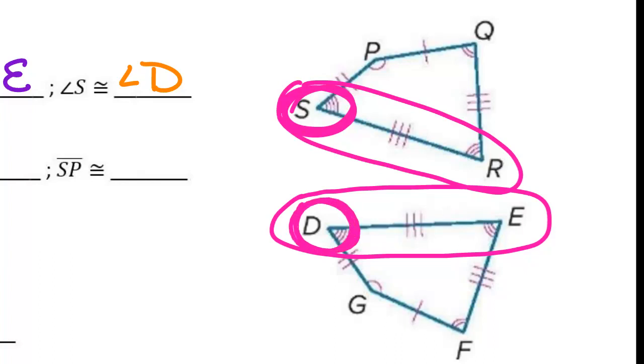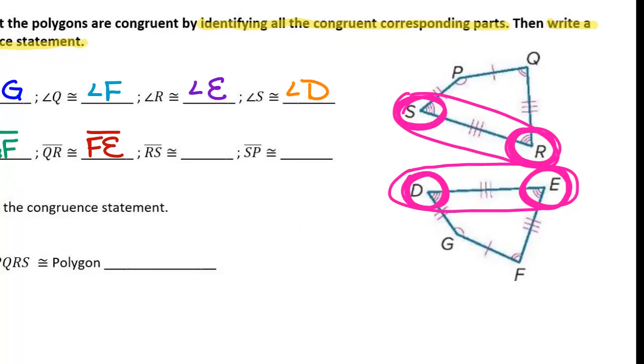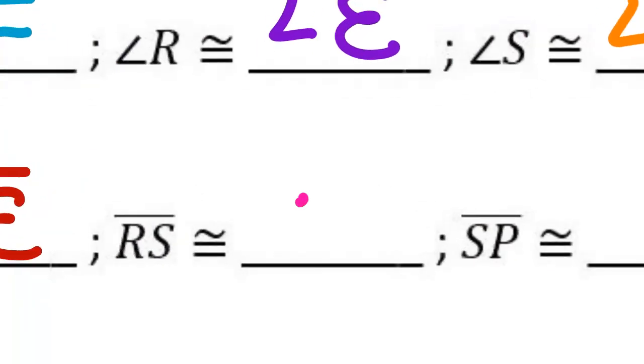D. Four arc marks, four arc marks. And then R, how many arc marks does R have? Three. And angle E also has three arc marks. That's how I would match up exactly which segments are corresponding here. So RS corresponds to ED or DE.